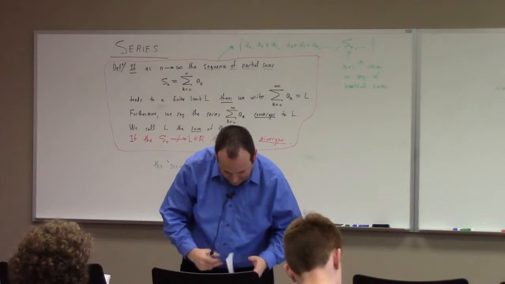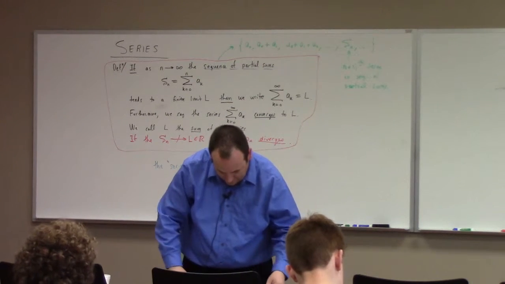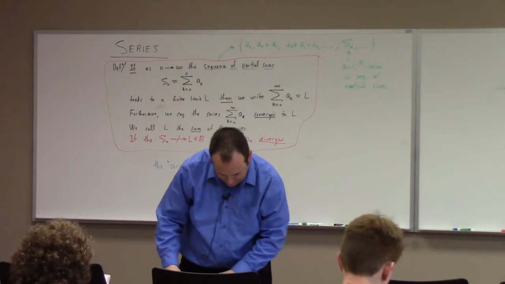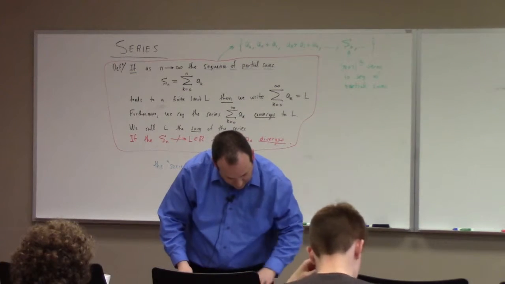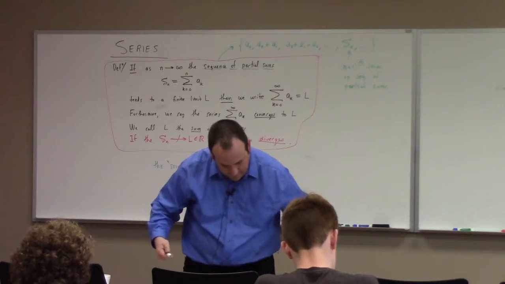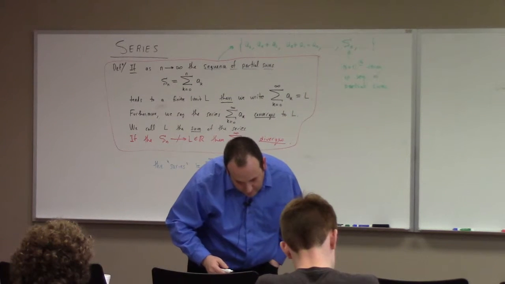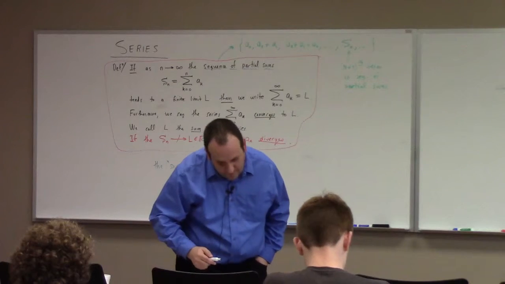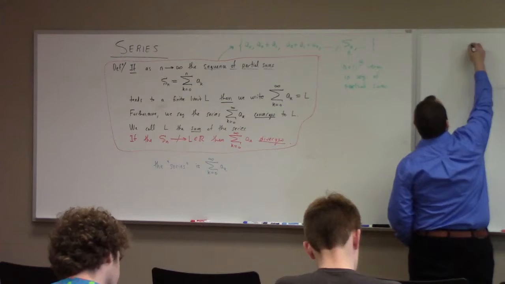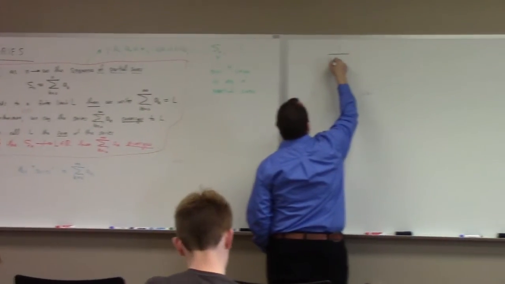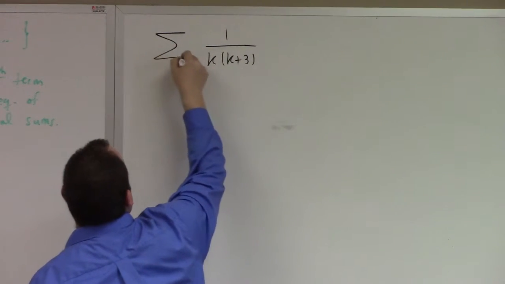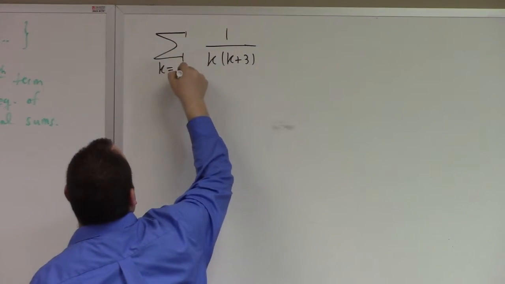Let's see here. A good example for us to do in the time that remains would be the following. If I can find it. Ah, yes. I'll do number 3. The sum of 1 over k times k plus 3, k equals 1 to infinity.